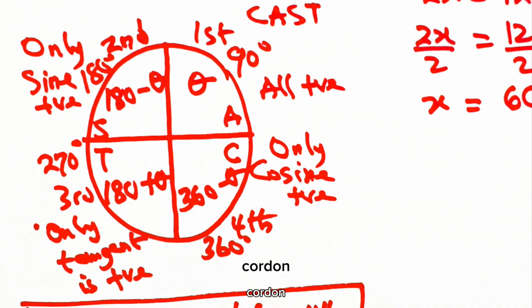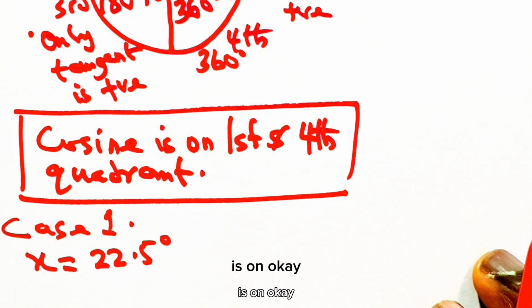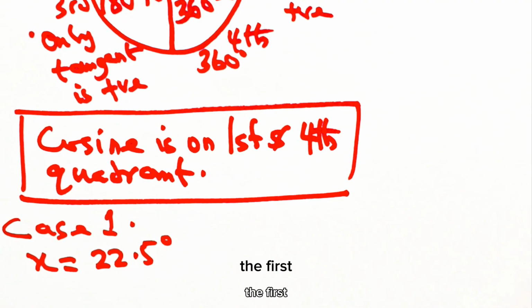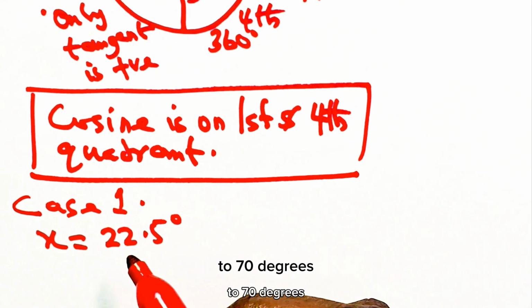We have already considered the first quadrant. X there is equal to 22.5 degrees. So if you consider the second quadrant, cosine there will be negative, but we're still going to go ahead with it.